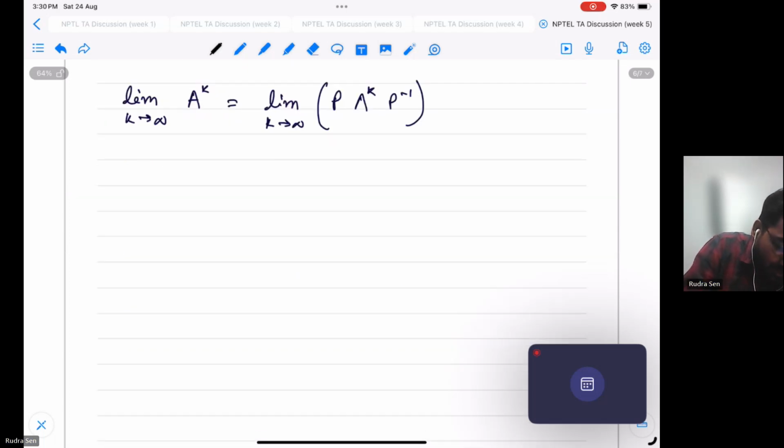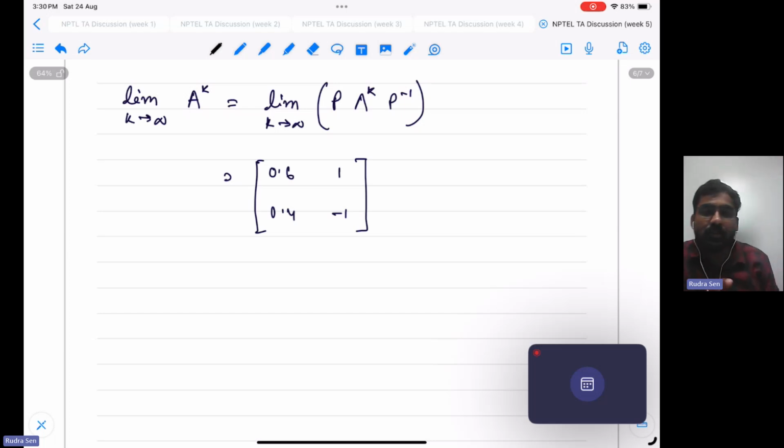It is P, 0.6, 0.4, 1, minus 1, and now 1 to the power infinity is always 1.